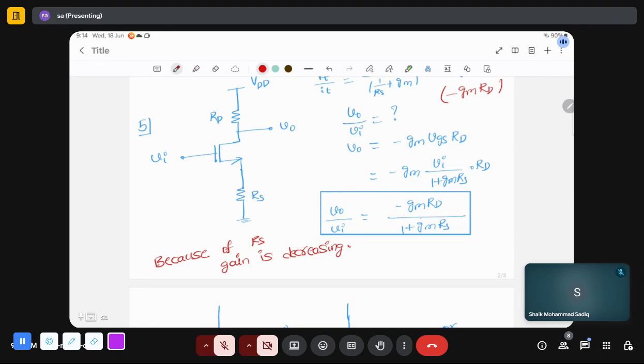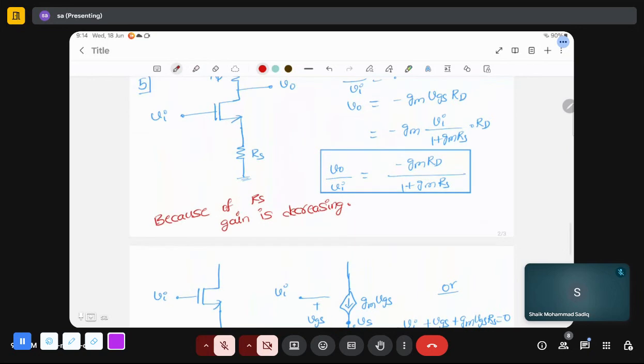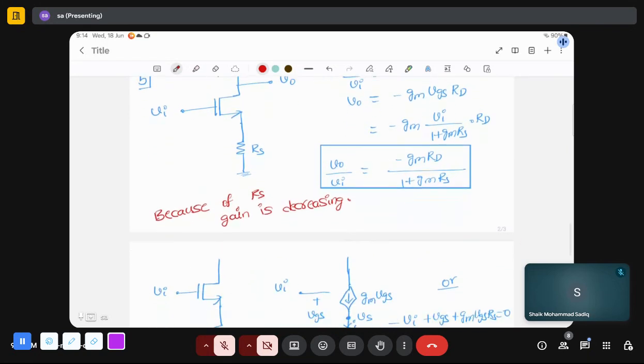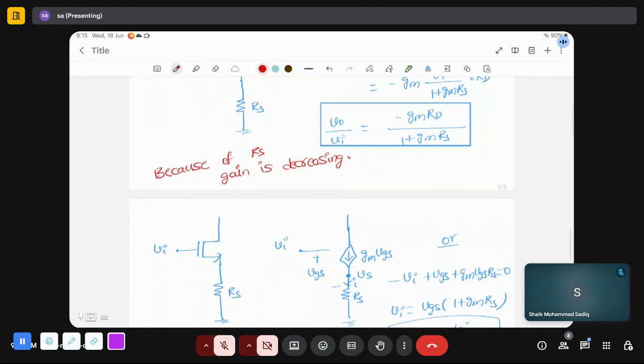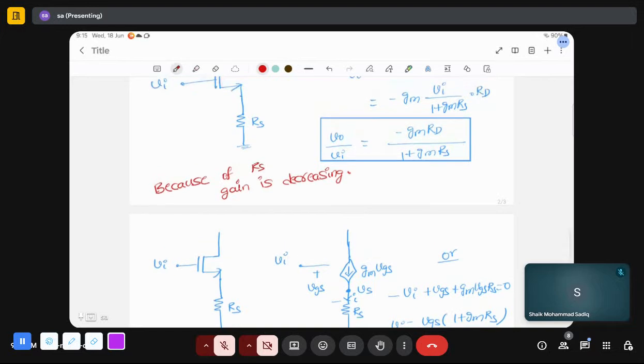Now the gain is minus GM RD by 1 plus GM Rs. Earlier the applied voltage came across VGS. Earlier VGS was Vi. Now VGS is Vi by 1 plus GM Rs. So obviously the gain decreases by a factor of 1 plus GM Rs. Is it okay to everyone?